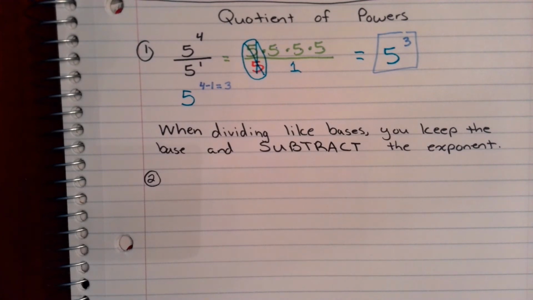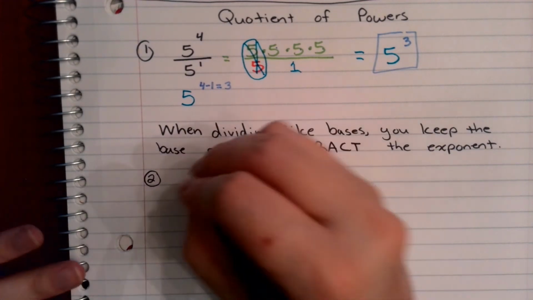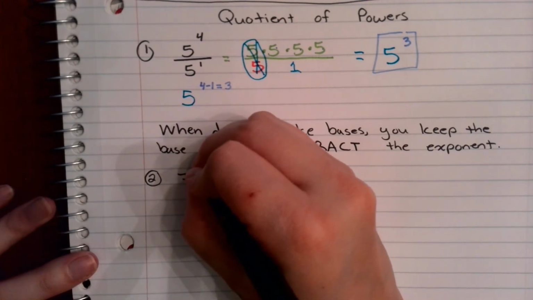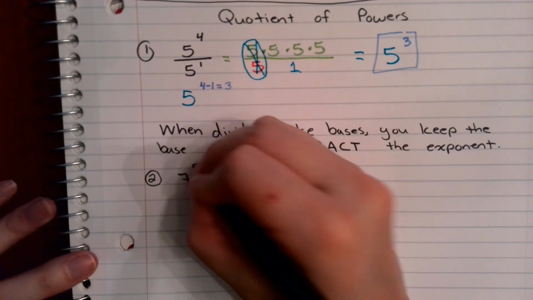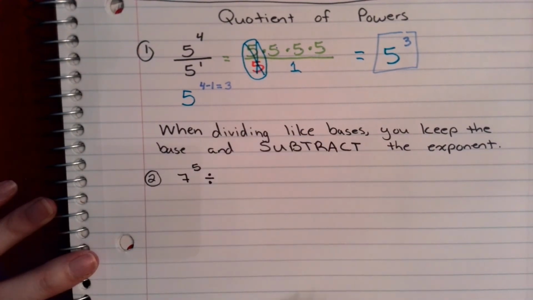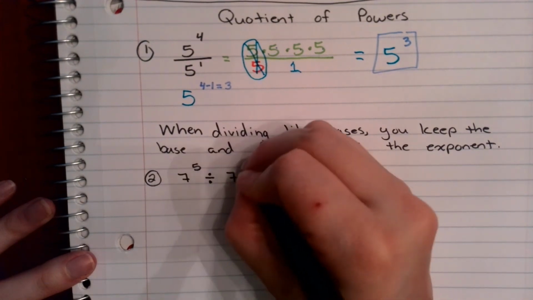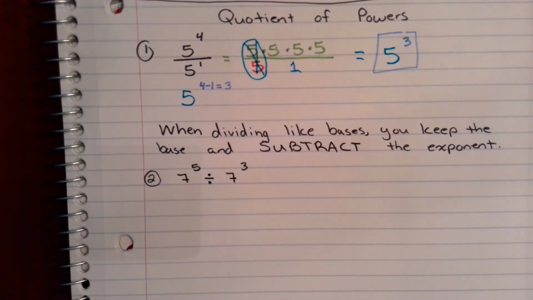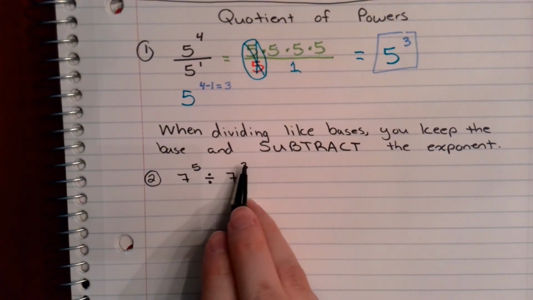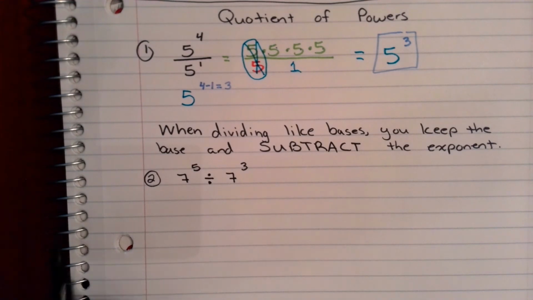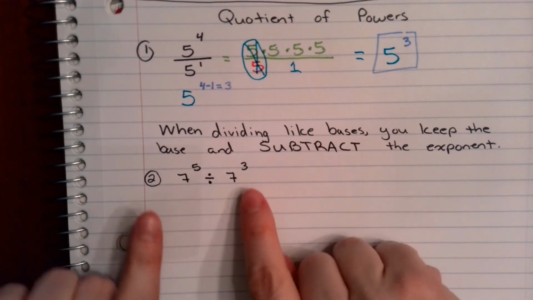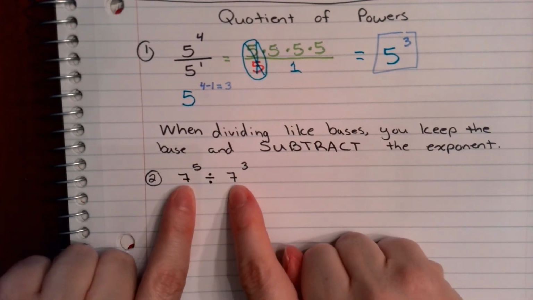Here's another example. I have 7 to the 5th power, and I want to divide it by 7 to the 3rd power. 7 to the 5th divided by 7 to the 3rd. All right, let's follow the rule. When dividing like bases. Are these like bases?